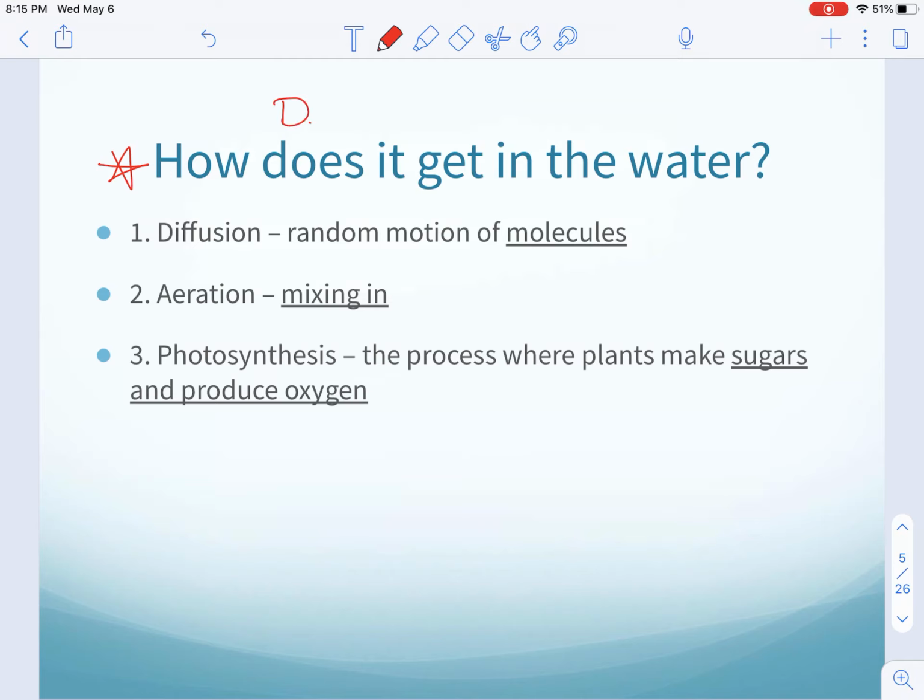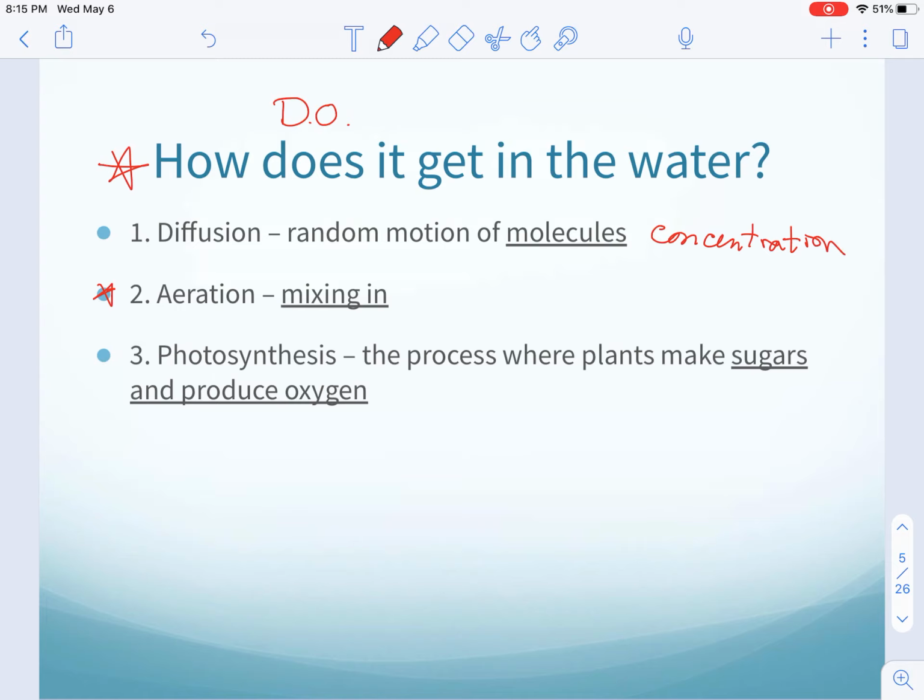How does DO get into water? Three main ways. I'm going to go into more detail on each of these, but they are diffusion. We've talked about that with the carbon cycle. So it's, as you can see, the random motion of molecules. Remember, we're dealing with concentration here. You'll see that on the next slide. So we'll get into that more next. Afterwards, we have a new vocabulary word.